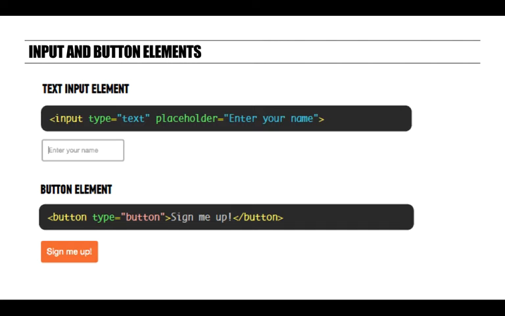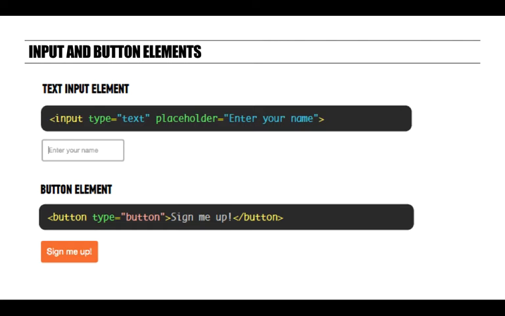So this is how you would make that input field. So here we have an input tag for HTML. And here we're saying type text because it's going to accept text. So that's just going to change how your input field looks. So it's going to look like this with a little bar. That way the user can type it in.